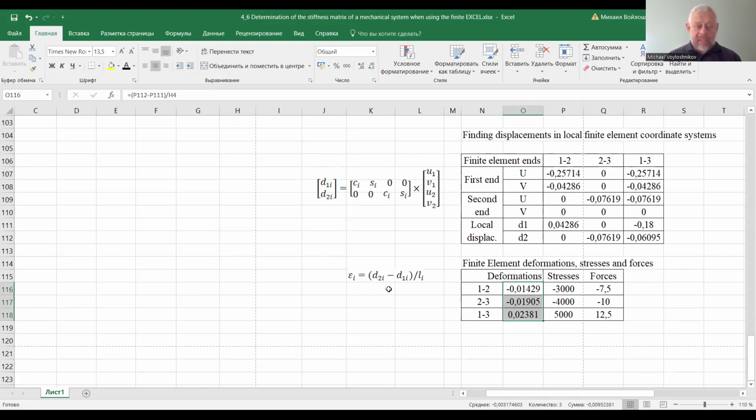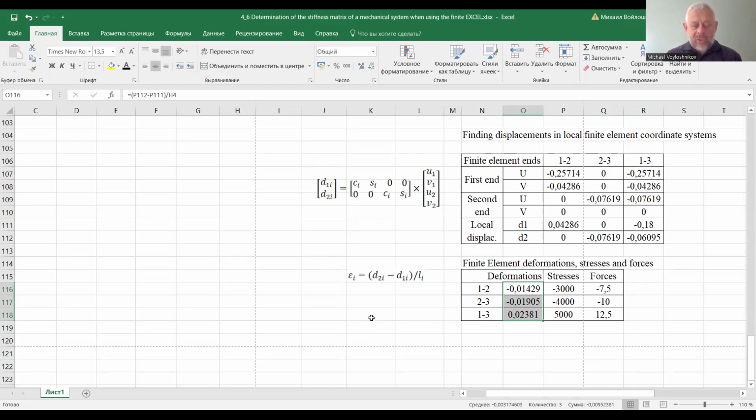Deformation is like strain, the relative displacement of the end of the finite element relative to the beginning, divided by the length of the finite element. So it is the specific magnitude of the deformation.